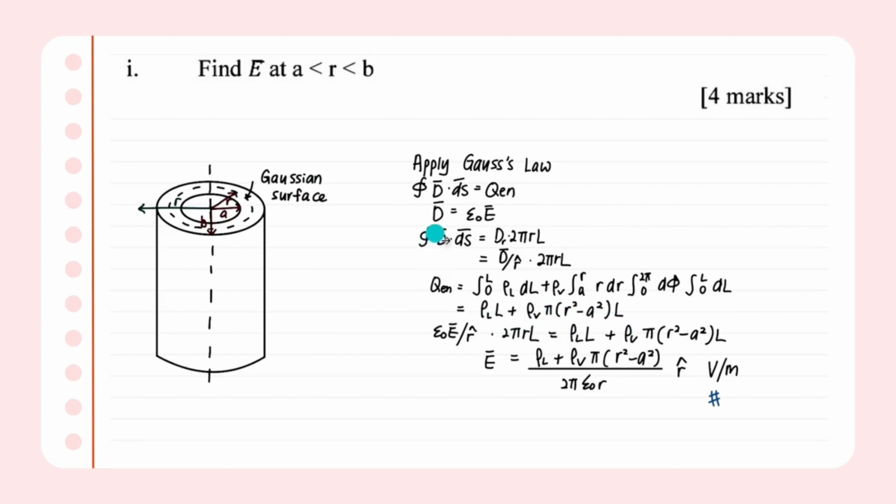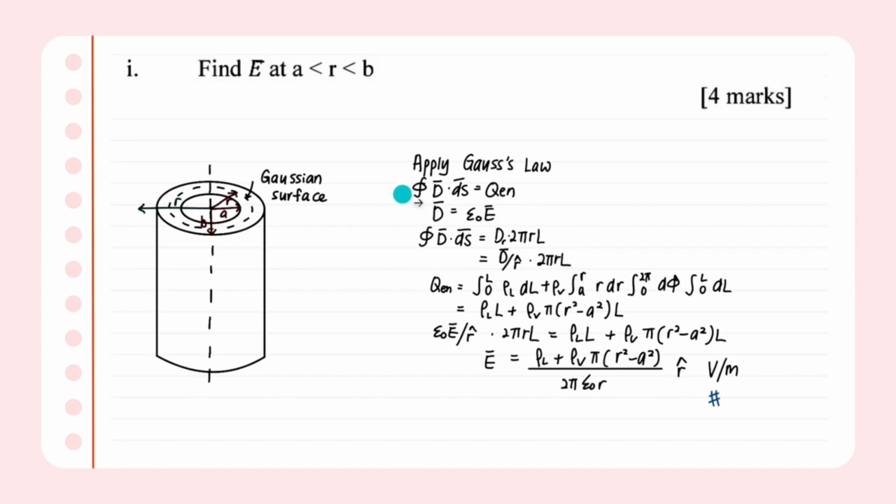And we know that the vector D is equal to epsilon naught times vector E, and we substitute the equation into the integration of D dot dS equal to vector D over unit vector r times 2πrL.